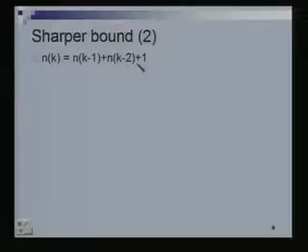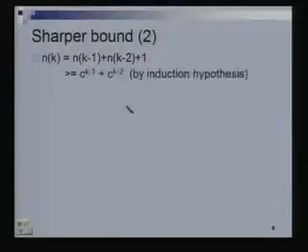Okay, so recall this was our recurrence relation, n of k equals n of k minus 1 plus n of k minus 2 plus 1. Our induction hypothesis says that n of k minus 1 is at least c to the k minus 1, n of k minus 2 is at least c to the k minus 2, and I have ignored the plus 1. So, actually I can say that this is strictly larger, right. I will just ignore that plus 1 again.